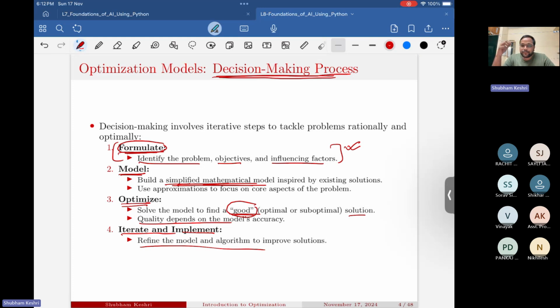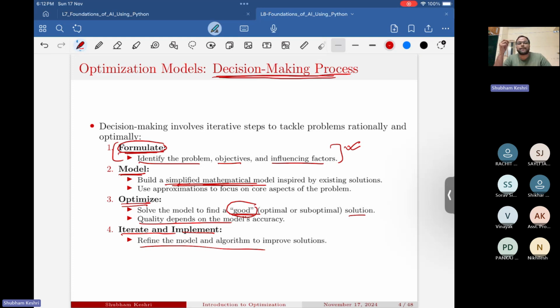So it might happen when you are abstracting the model. So you had a real life problem, you made a mathematical model, solved it, and then you implemented the solution. When you implemented the solution, you saw that it is not actually capturing or it is not giving you satisfactory results. Then what you have to do is you have to go back and see whether your model was accurate or not, whether it was capturing everything.